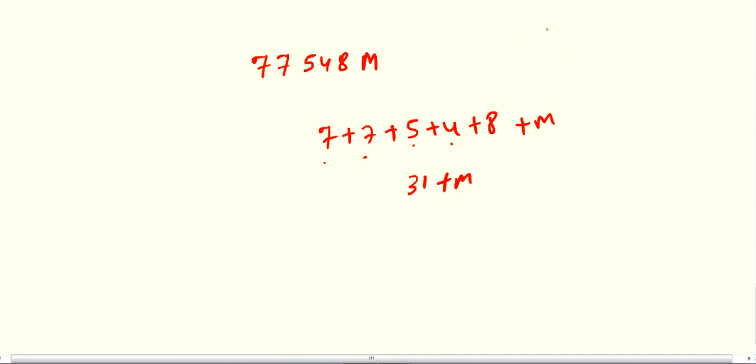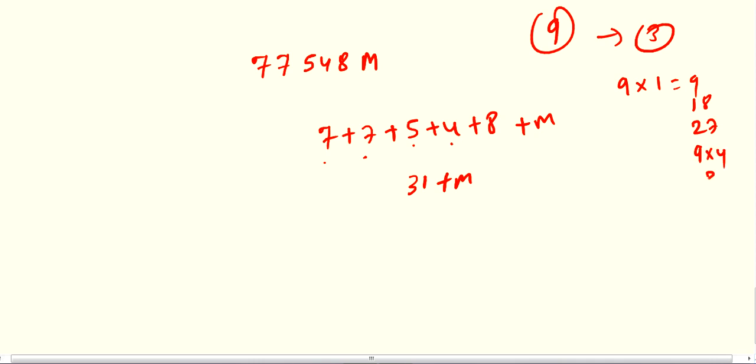Now divisibility by 9 is same as divisibility by 3, and the multiples of 9 are what? 9 1s are 9, 9 2s are 18, 9 3s are 27, 9 4s are 36, and we are having here 31. If we will take value of m as 1, so 31 plus 1 32, not divisible by 9.